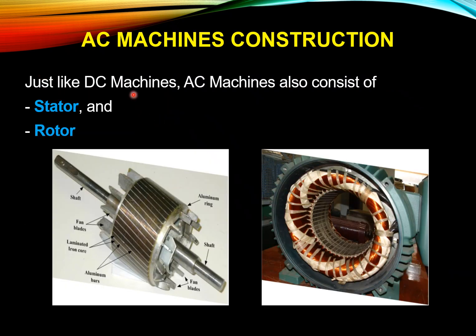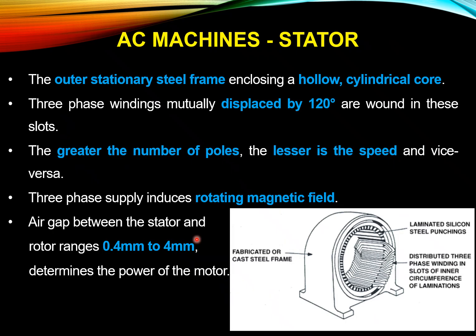Just like a DC machine, an AC machine also consists of a stator and a rotor. You can see the parts of the AC machine. This is generally the rotor, the middle part of the AC motor, and this is the stator. You can see it has a lot of coils and also a place to put the rotor.